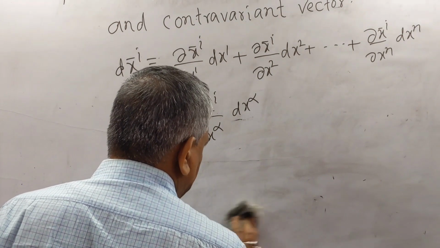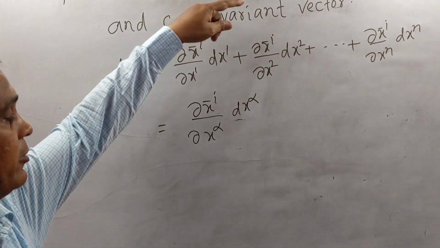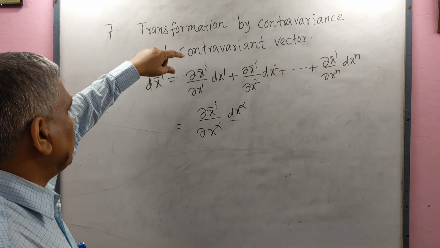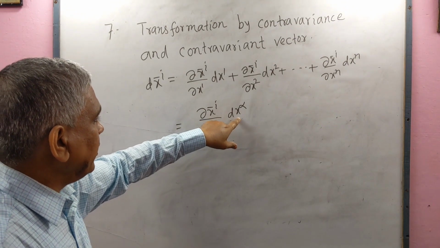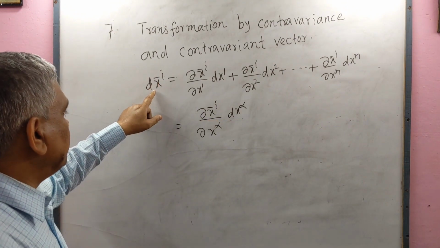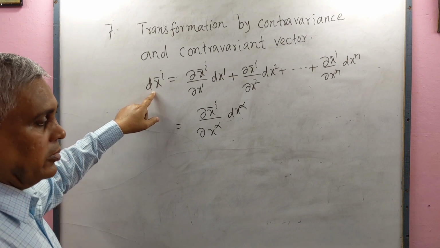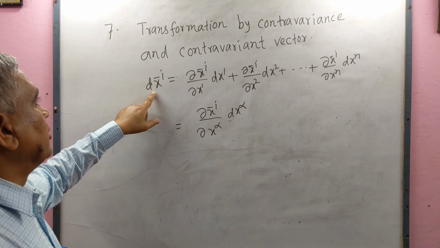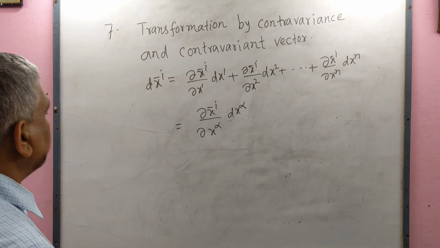This type of transformation is known as transformation by contravariance. This transformation takes a small increment in the x system of coordinates to a small increment in the x bar system of coordinates.